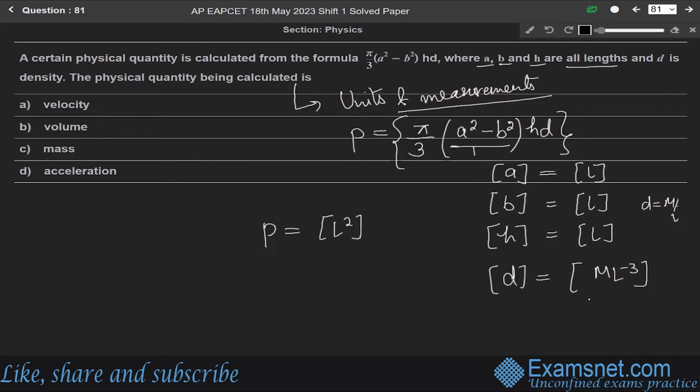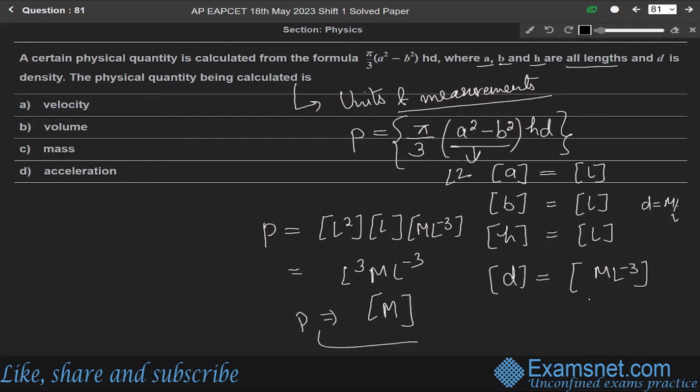This whole bracket will become L square into H. H is L and D is density, which means M L to the power minus 3. So it will become L cube into M L to the power minus 3. So this quantity will become M. So this quantity P has the dimension formula of mass. It means P is mass. So among these four, option C is the correct answer.